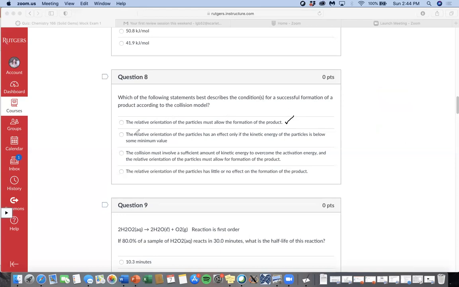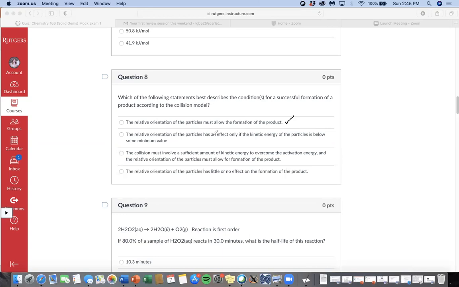So then we have: the relative orientation of the particles has an effect only if the kinetic energy of the particles is below some minimum value. And this one isn't right, because the relative orientation of the particles has to allow for the formation of the product.